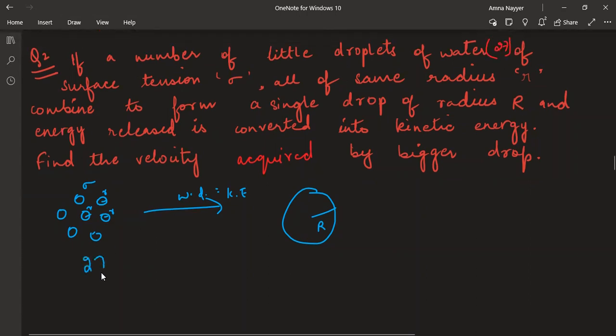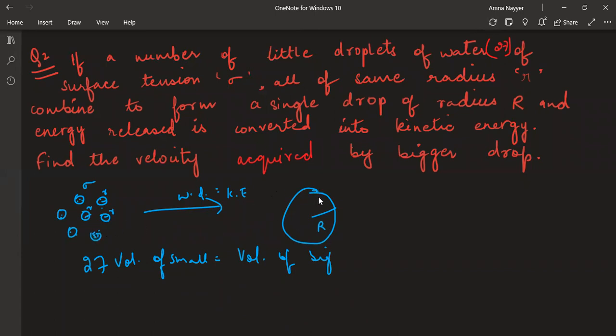So 27 times the volume of each small drop is equal to the volume of the bigger one. Understood this point? All these small drops will join together and form the bigger drop, so volume will be the same. If you multiply by 27, you'll get the volume of the bigger drop.